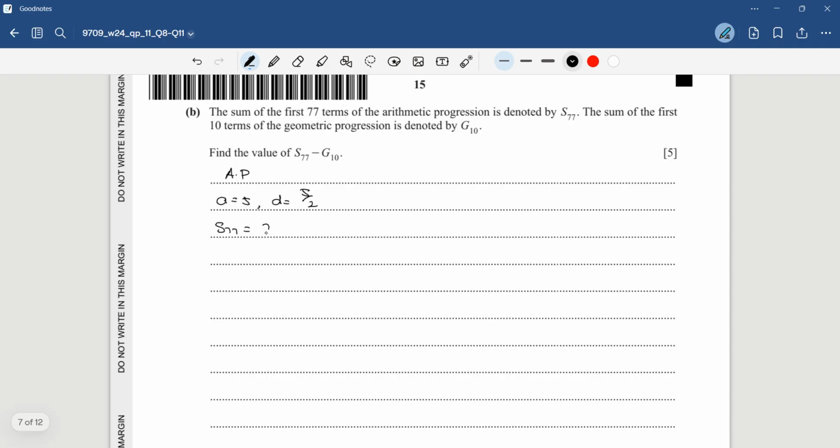So S77 will be 77 over 2 times 2A plus n minus 1 times d. When you calculate, you'll get 7700.